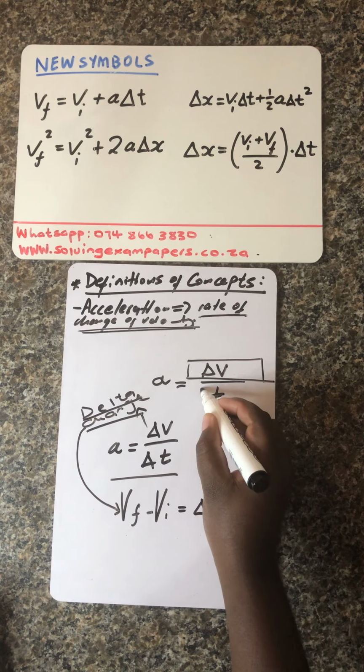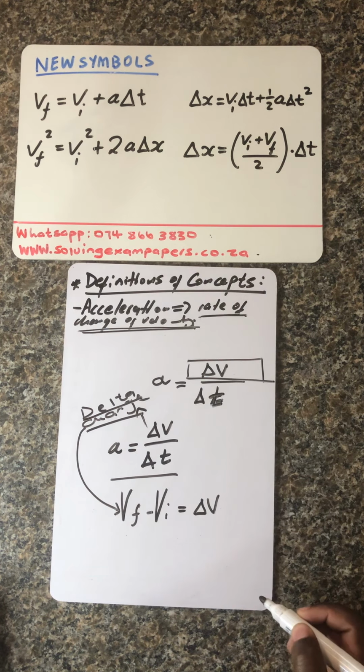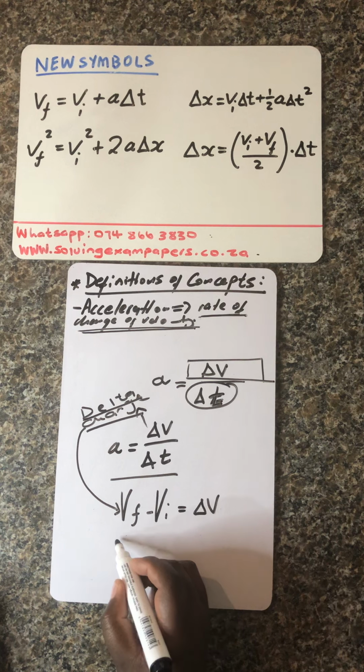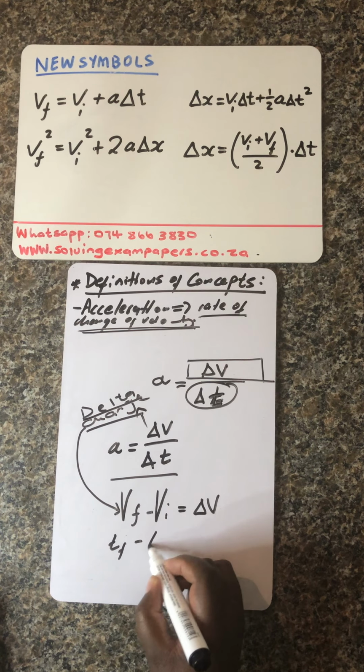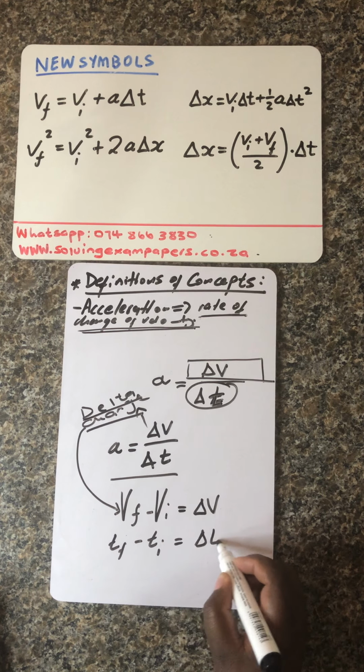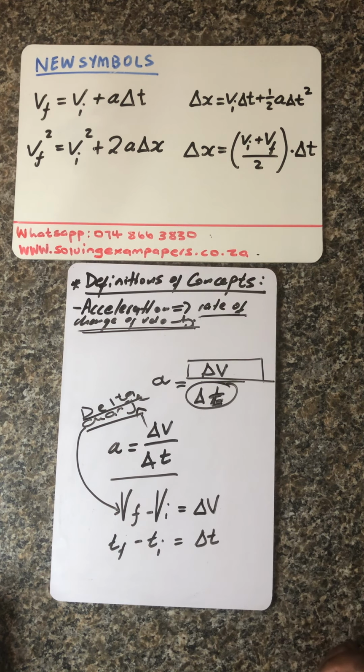Okay, so you might find that in some formulas you've got delta t. It also means change in time, which simply means time final minus time initial. So this can be represented as change in t.